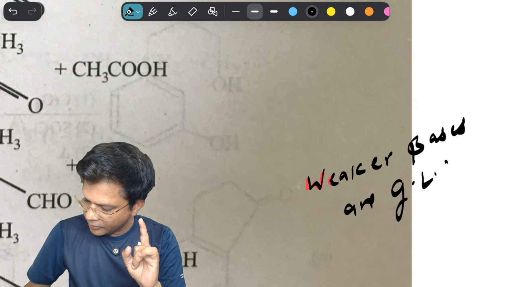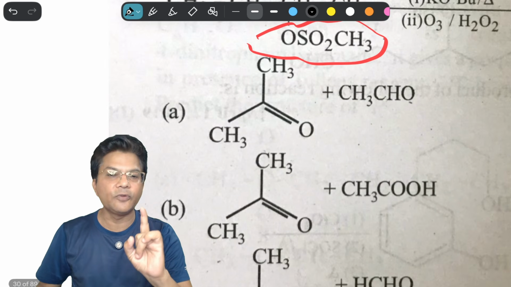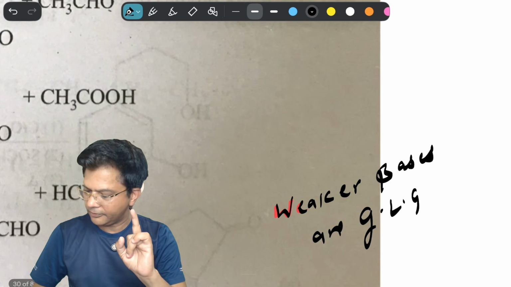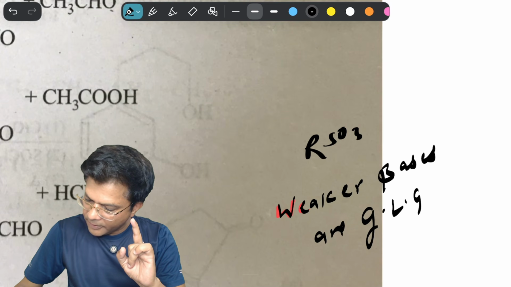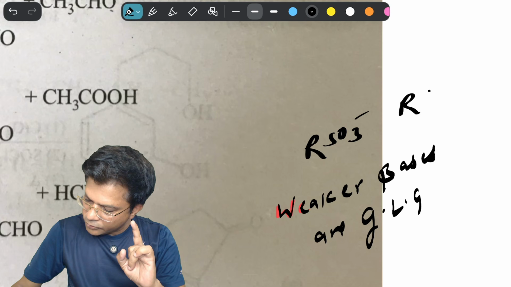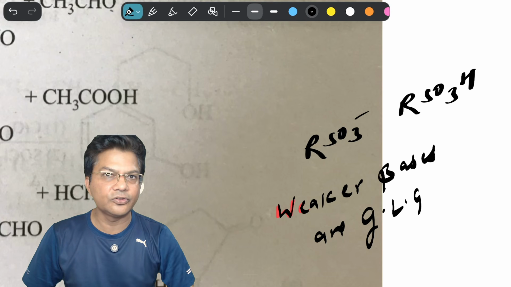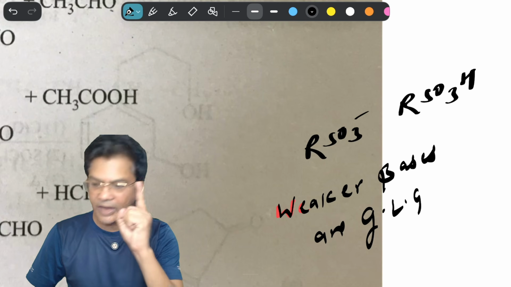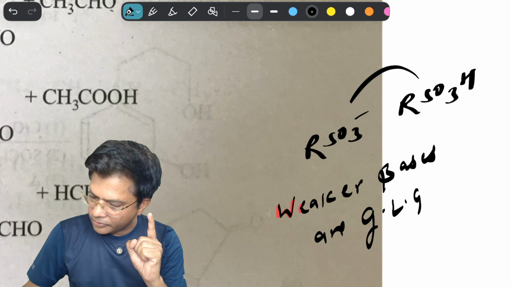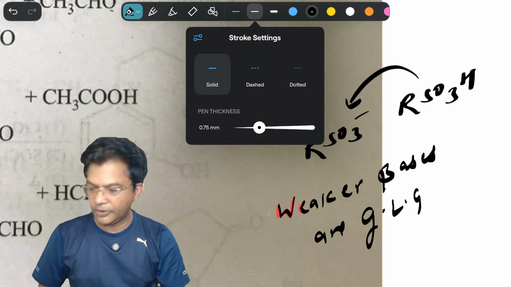Now if you remove this oxygen, it will form RSO3 negative. RSO3 negative is the conjugate base of RSO3H, and you know that due to equivalent resonating structures, sulfonic acid is highly acidic, so the strongest acid's conjugate base will be the weakest base, and weaker bases are good leaving groups.